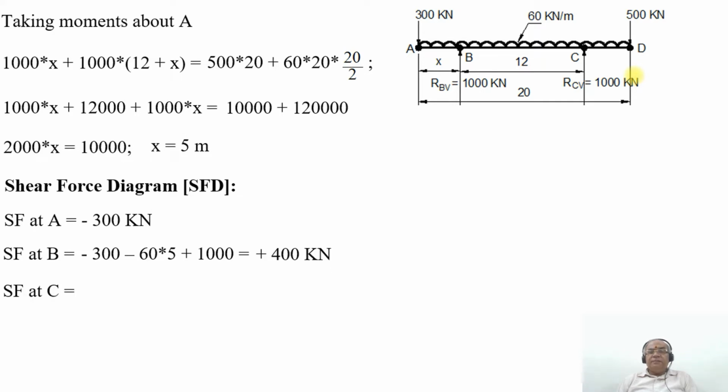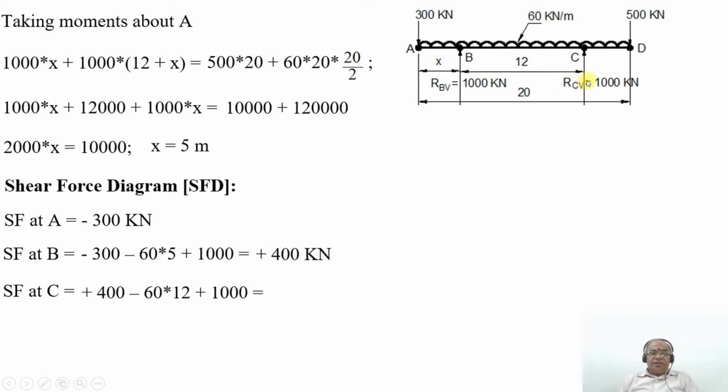SF at C will be equal to 400 minus 60 into 12 plus 1000.